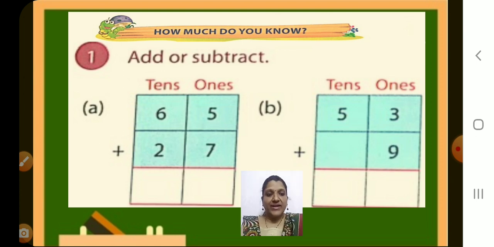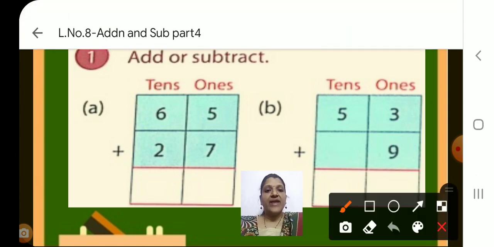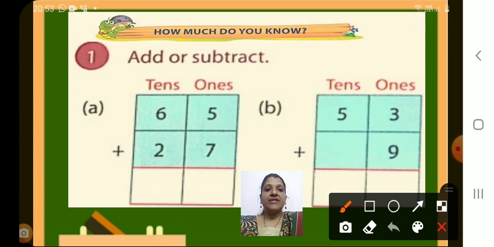65 plus 27. So we have to do the addition over here. 5 plus 7, the answer is 12. But can we write 12 in the ones place? No. So we have to write 2 at the ones place over here, and we have to carry over 1 to the tens place.